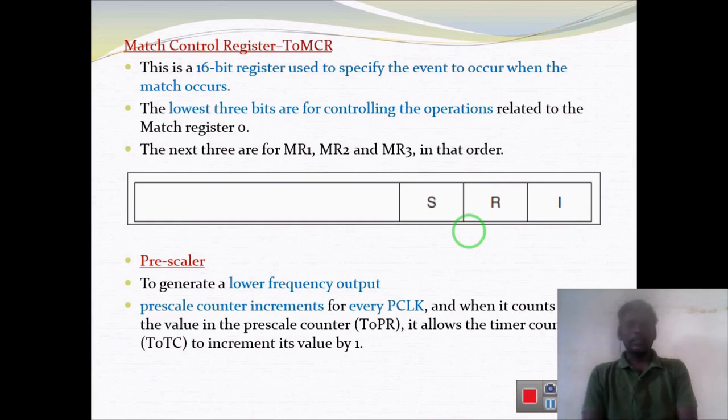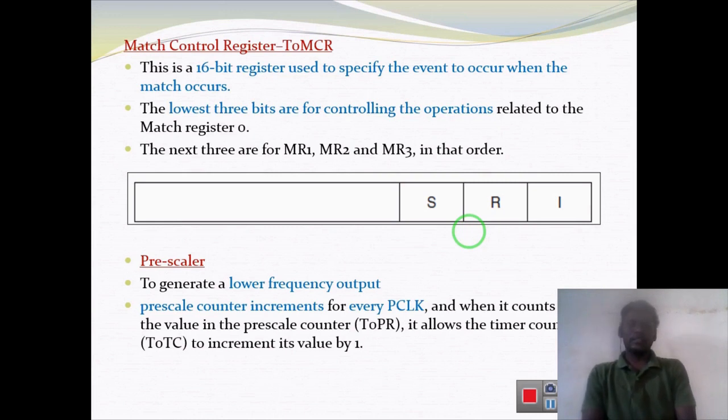The event may be that we want to start, stop, or reset. These things happen based on matches only. For this purpose, the lowest 3 bits of this control register are used to carry out the controlling operations for MR0, 1, 2, 3.